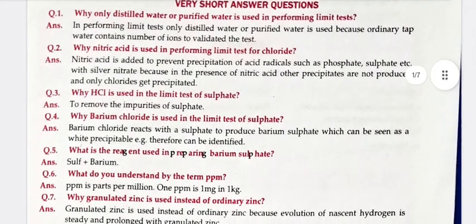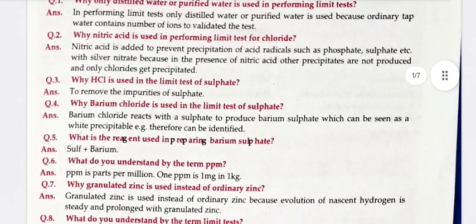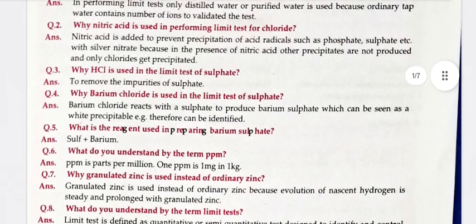Okay, fourth question, why is barium chloride used in the limit test of sulfate? Barium chloride reacts with sulfate to produce barium sulfate, which can be seen as a white precipitate, and therefore can be identified.